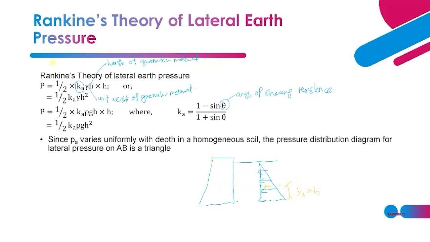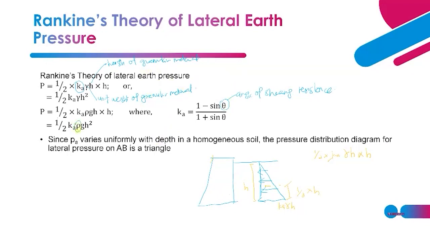Tadi I'm talking about the formula. This is value of Ka unit weight darab dengan H. How you get the pressure? You kira area dia setengah because this is a triangle, times Ka unit weight H darab dengan dia punya height lah, K darab H. Let's say dalam question dia tak bagi unit weight. Dia bagi density macam ni.